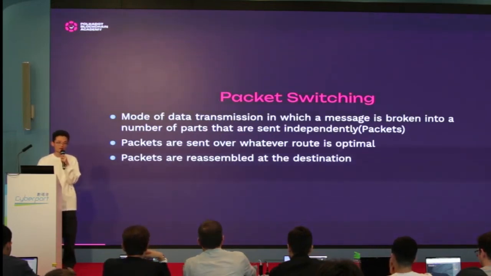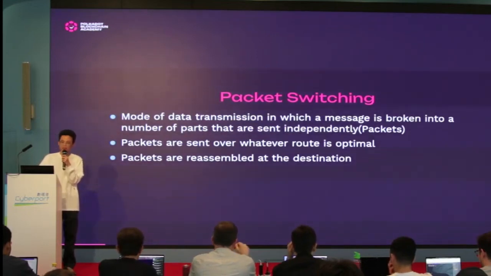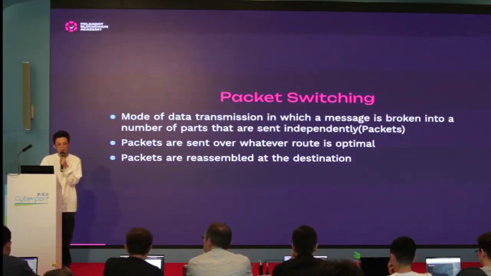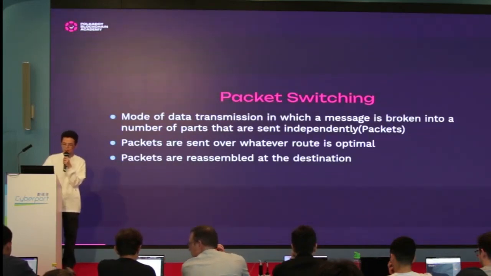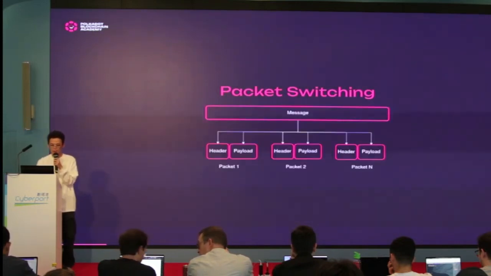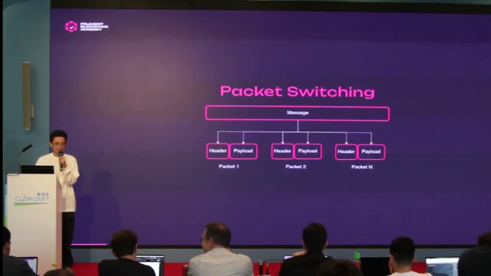So you are the receiver and you have received a lot of packets, not necessarily from me. You can recognize the sender and assemble the packets from the same sender so as to restore the original data. As for packet switching, you can see this diagram.